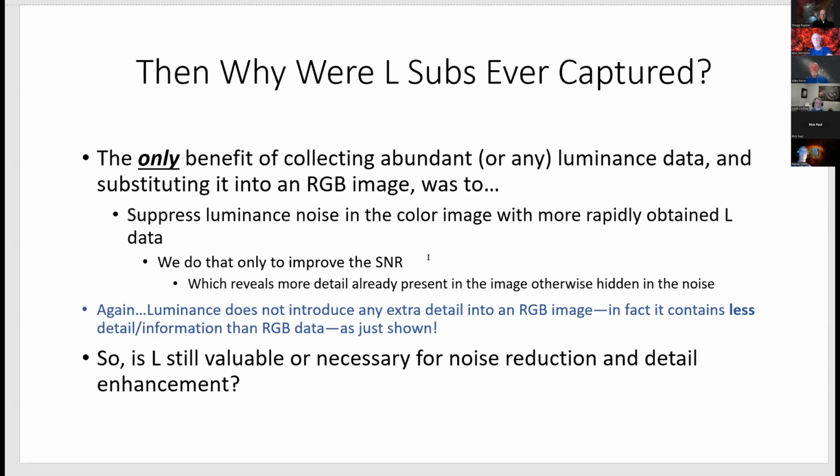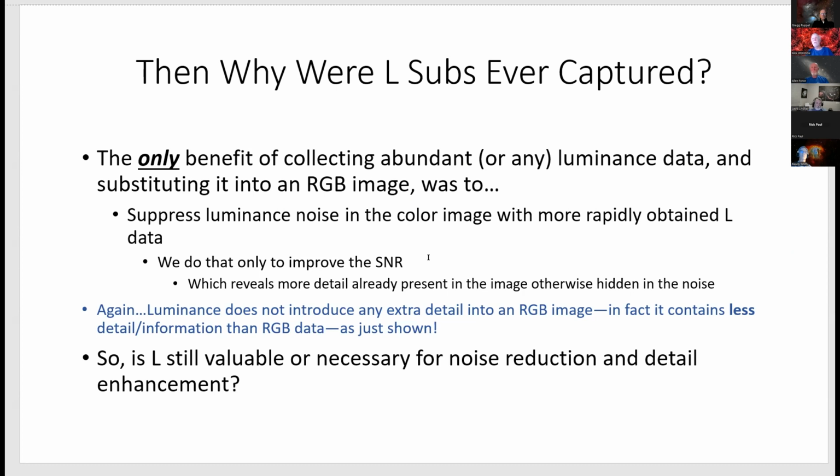We do that only to improve the signal to noise ratio in the RGB image, and it does that. That means we reveal more of the signal at the lower light levels, and that appears to have added detail when all it's done is reveal detail that was already there.